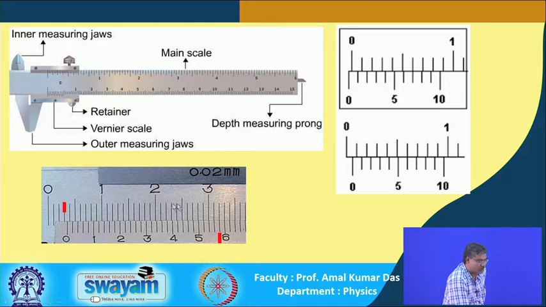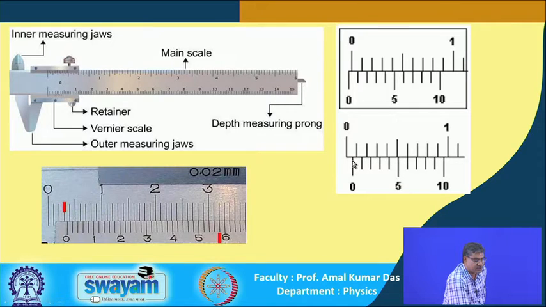So, one has to find out the zero error depending on the coincidence of one division of the vernier scale with the main scale line.